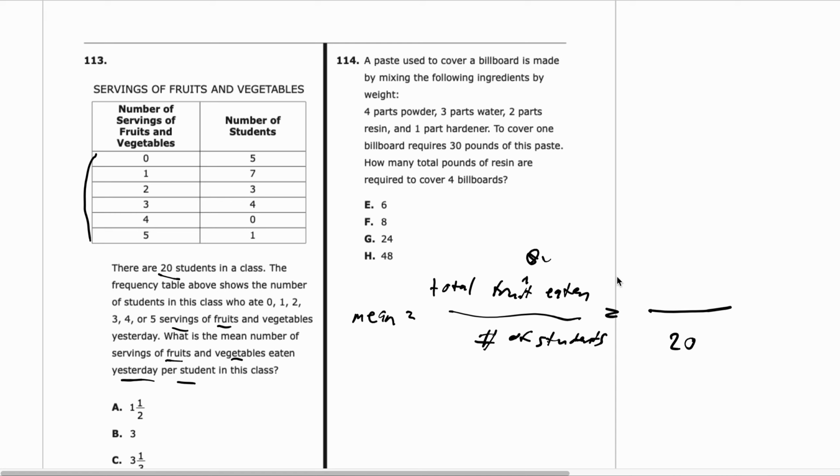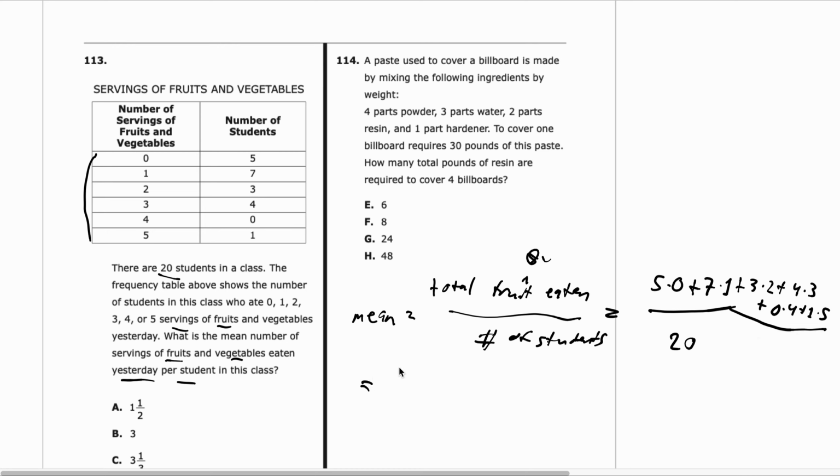And then the total fruit eaten, so there are 5 students which ate 0 fruit, 7 students which ate 1, 3 students which ate 2, 4 students which ate 3, 0 students which ate 4, and 5 students which ate 1.